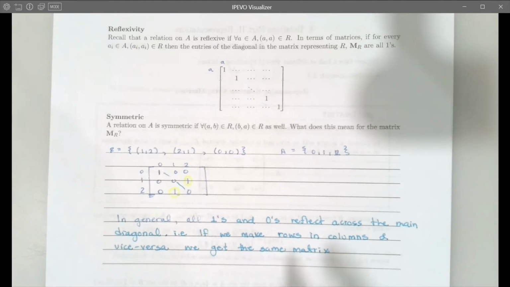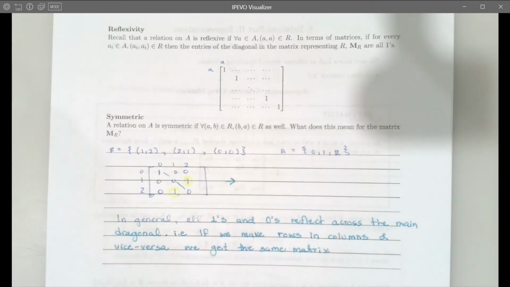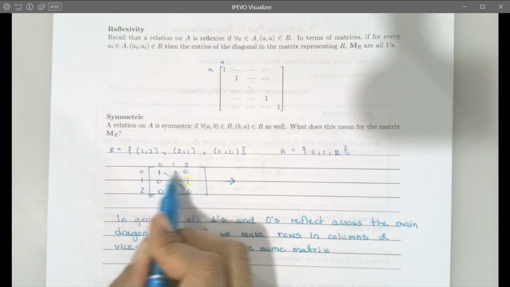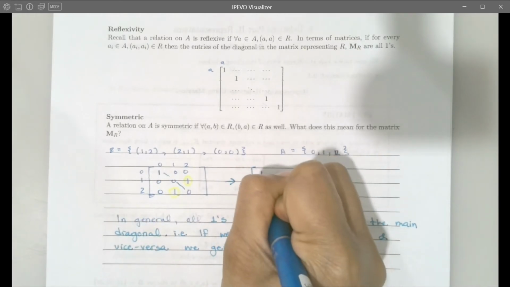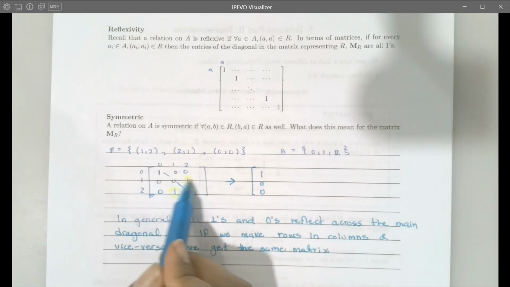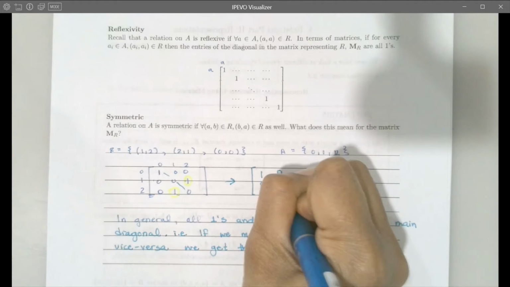And just to illustrate it again, if you're not too convinced about this part, that if we make rows into columns and columns into rows, we get the same matrix, let's try it here. I'll take this first row, which is a 1, 0, 0, and make it a column. So we would get a 1, 0, 0. Then I'll take the second row, which is 0, 0, 1, and make it into a column, so that would be 0, 0, 1.